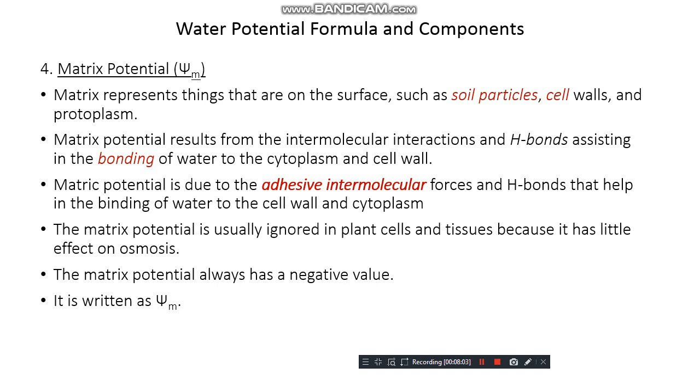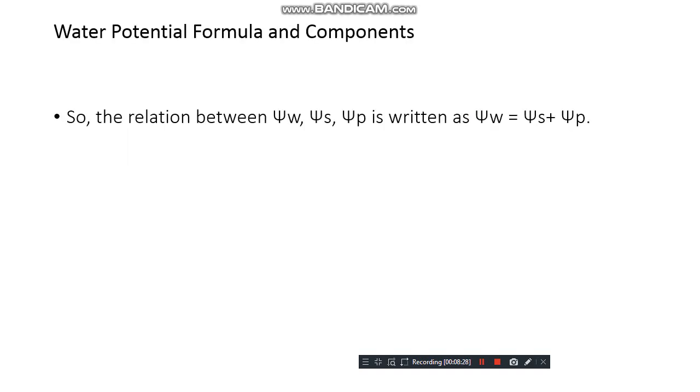It always has a negative value, and it's very little. It has very little effect on osmosis. That's why we also ignore matric potential, as we ignore gravitational potential. So we ignore both gravitational and matric potential.